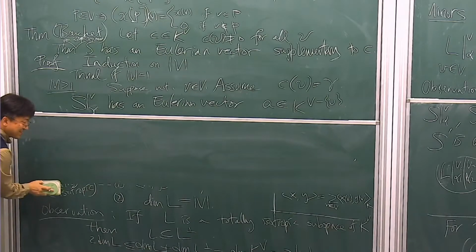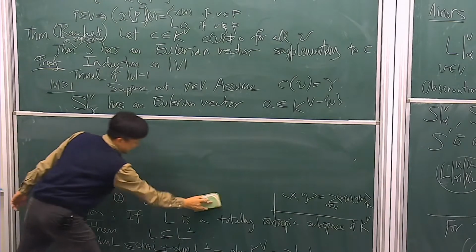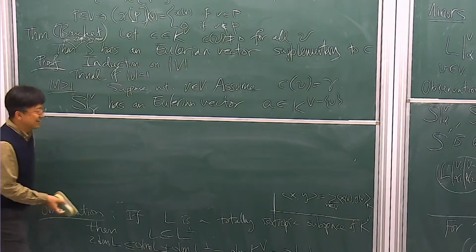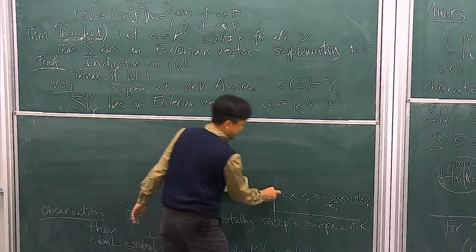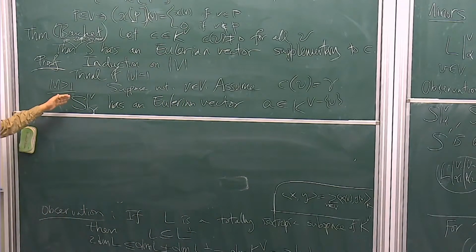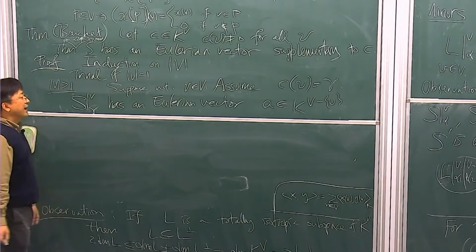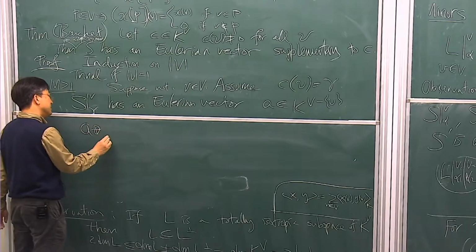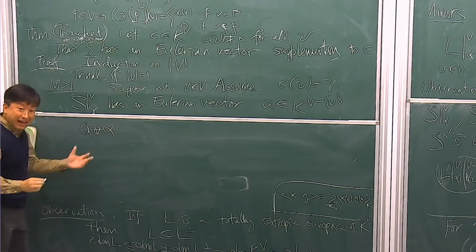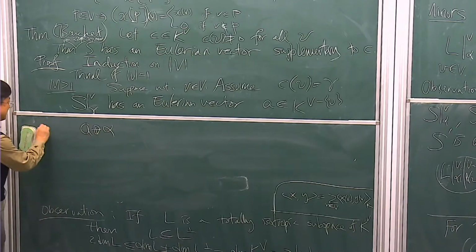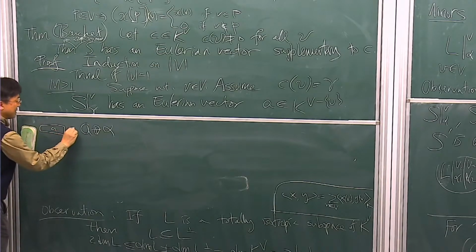So I have a Eulerian vector A, and if I attach alpha to A, then this is not an Eulerian vector by assumption. This notation means I have A, but I attach alpha.